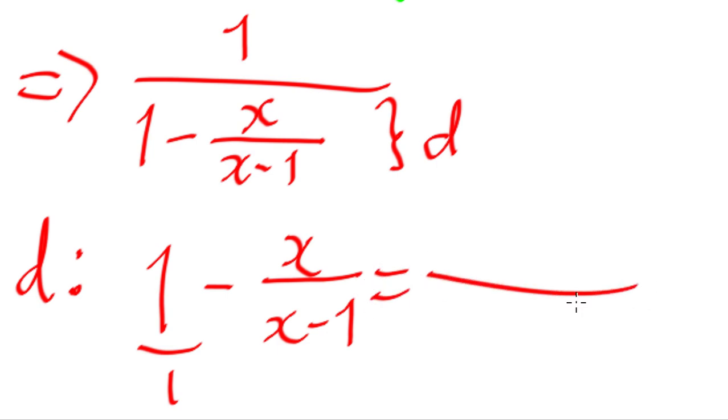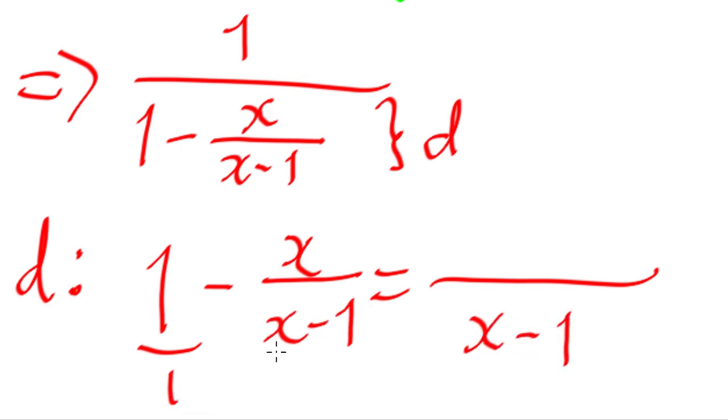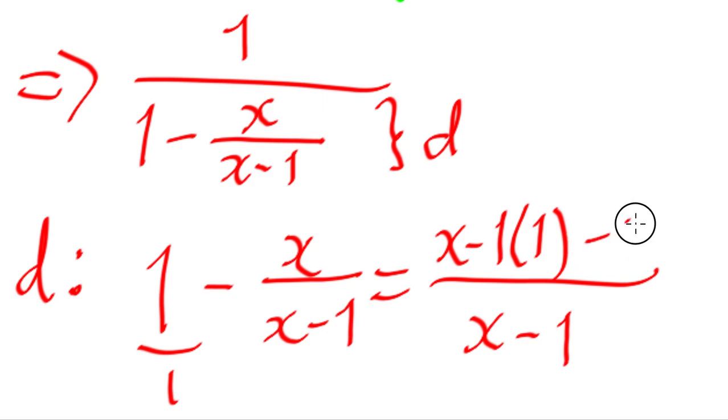The LCD is x minus 1, by the identity property of multiplication. So x minus 1 divided by 1 is still x minus 1, times this numerator here, which is 1, minus x. I put them already in a single fraction, so that will be our next step.